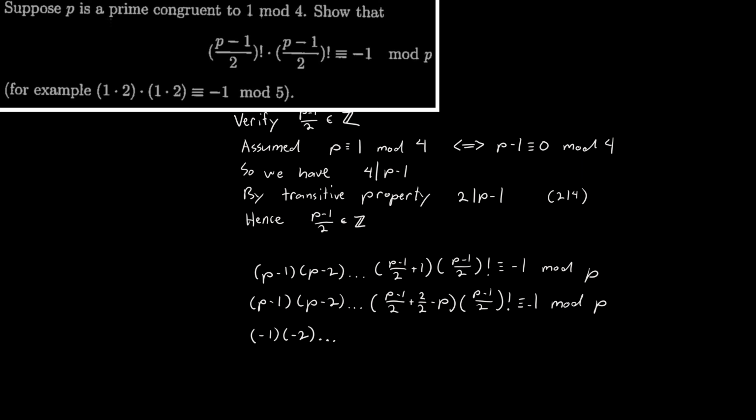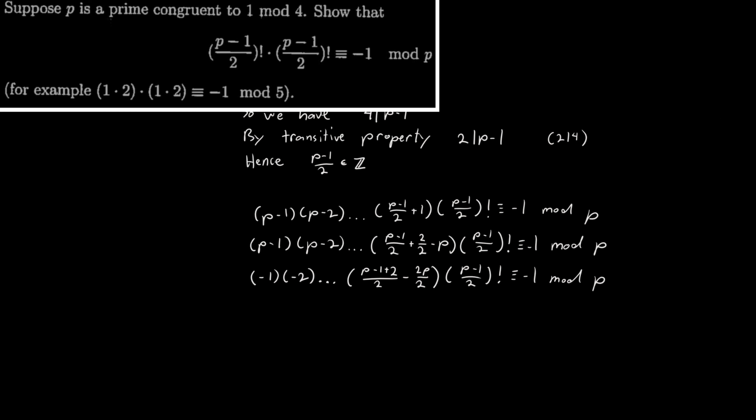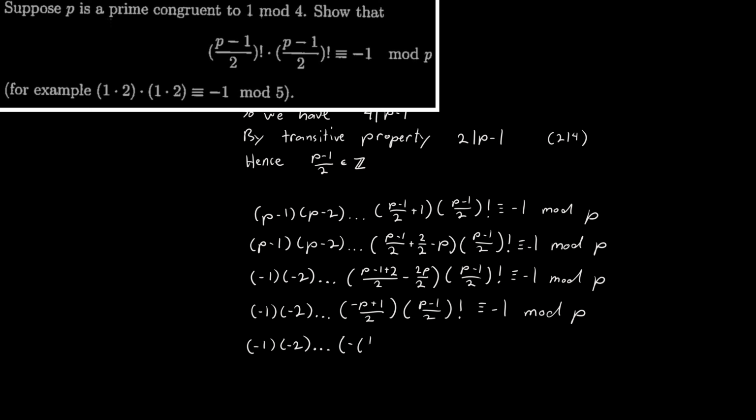So now we'll have -1 times -2, and so on, times (p-1)/2 + 1, and I'll rewrite p as 2p/2, and this will give us -(p+1)/2. And I'll just rewrite that as -(p-1)/2.